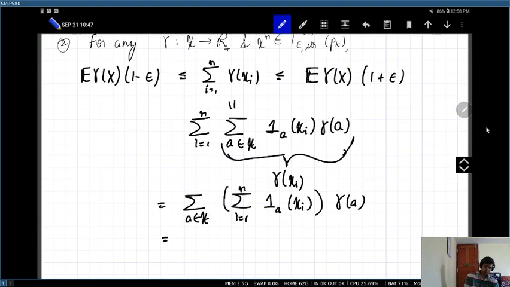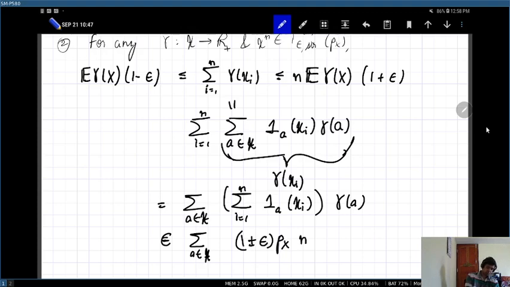then what do I know for any typical sequence? What do I know about the indicator a of xi? This is always within 1 plus or minus epsilon of px times n.